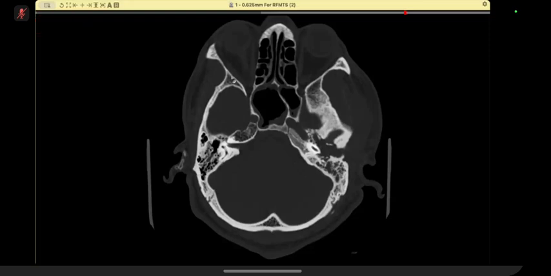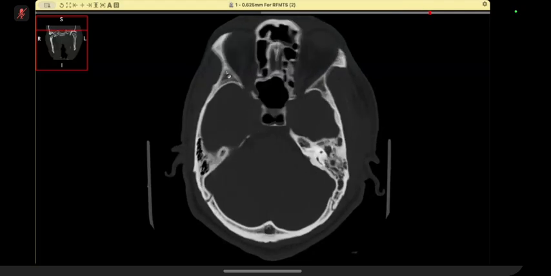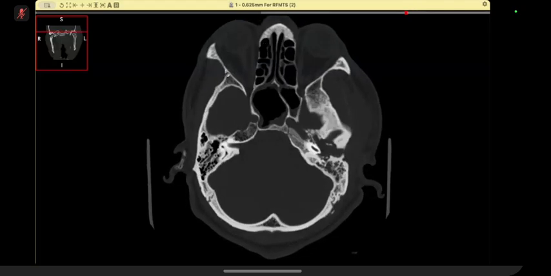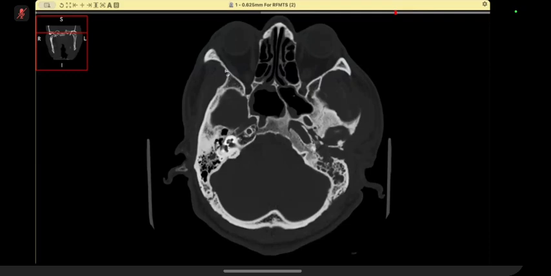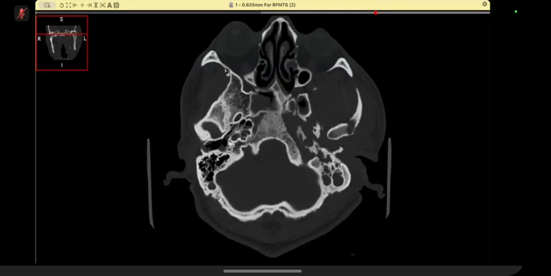Patient has swelling, tenderness, pus discharge from left ear, diabetic patient. So, yes, I can see an axial CT on a bony window.